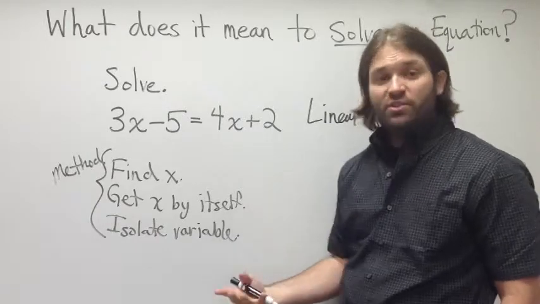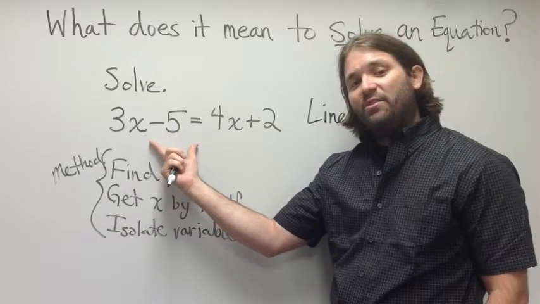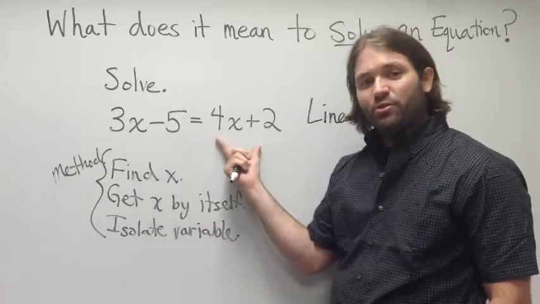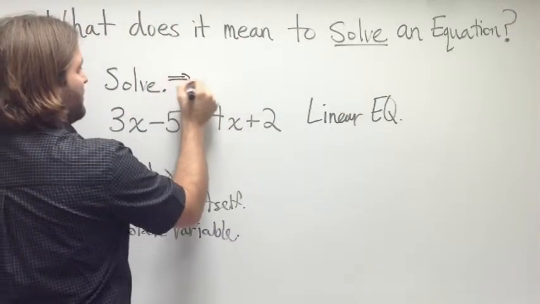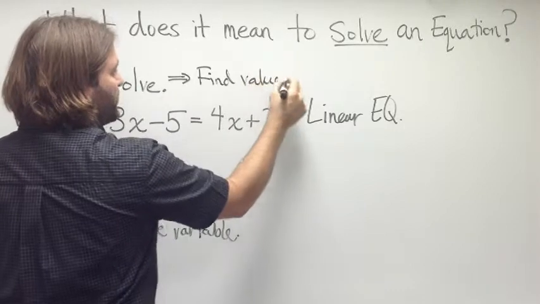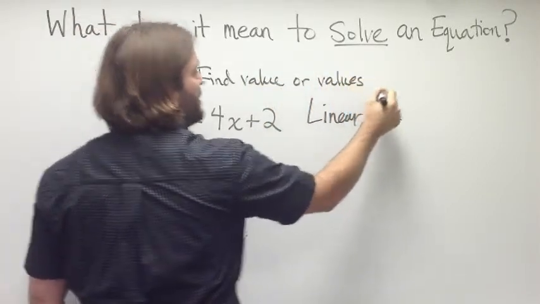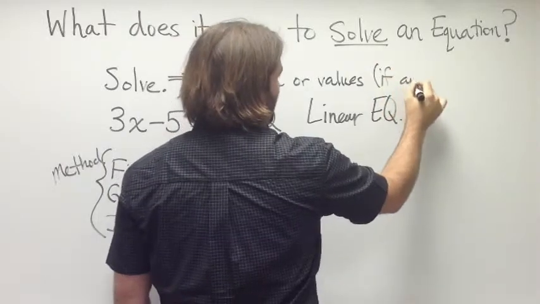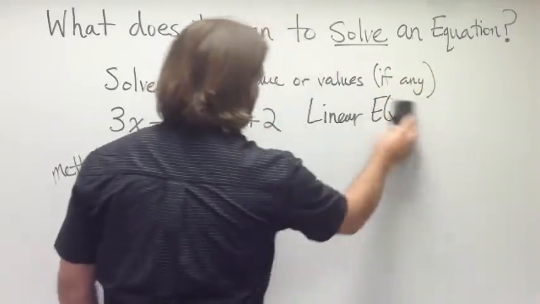What we're trying to do in solving the equation is to find the value that makes this statement true. That's what it means to solve an equation, is we want to find the value or values, there could be more than one, if any, there could not be any, that make the statement true.